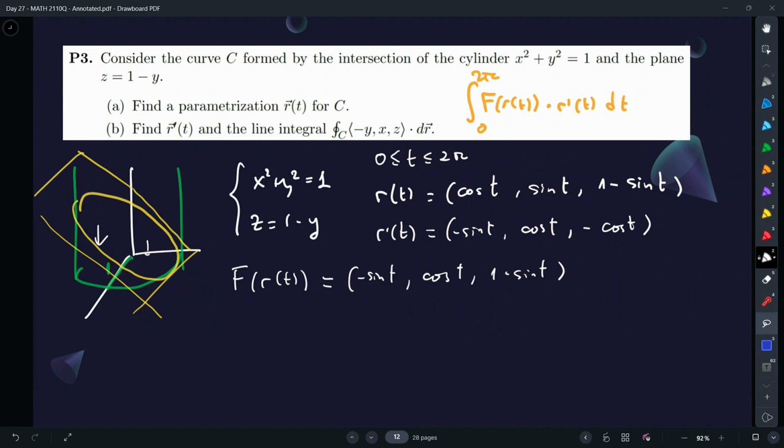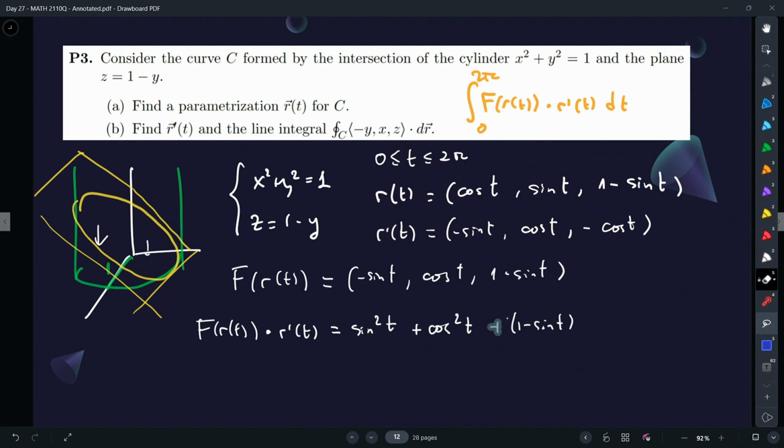And now I have to do the dot product with r prime of t. What that's going to give me is minus sine t times minus sine t. That's sine squared of t plus cosine squared of t plus 1 minus sine of t times minus cosine t.